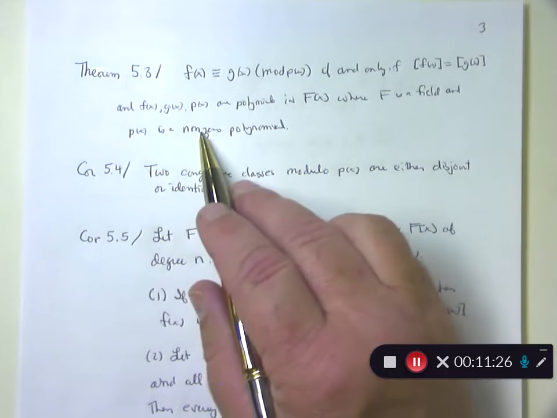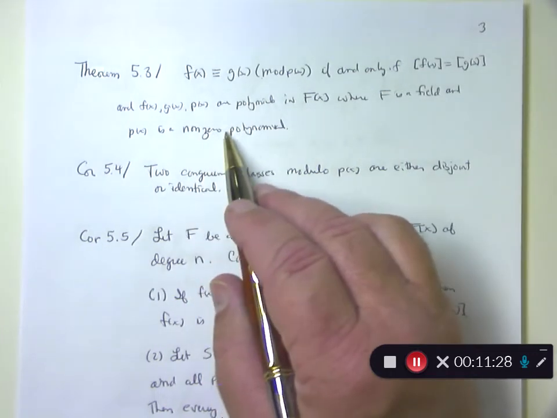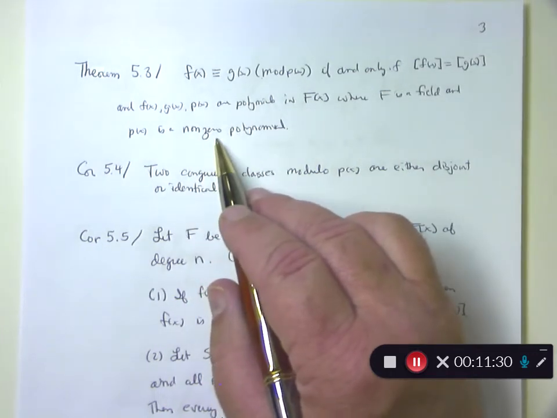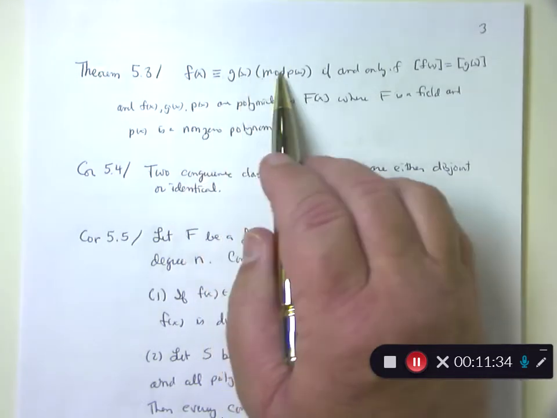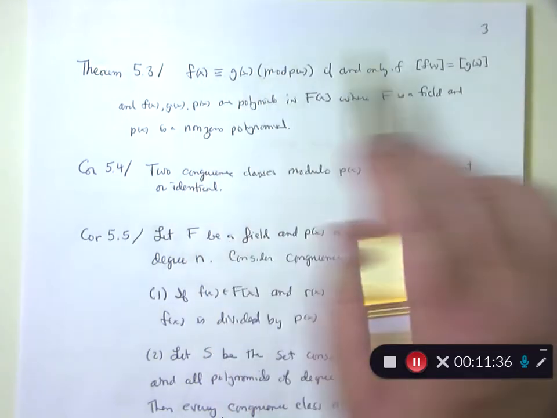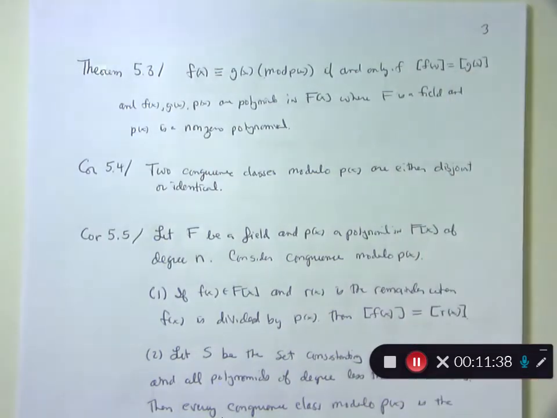Because you can't mod out by a zero polynomial. You can't divide by 0, so it's always got to be at least a non-zero polynomial. So when f of x is congruent to g of x mod p of x, f of x and g of x are going to be in the same equivalence class.